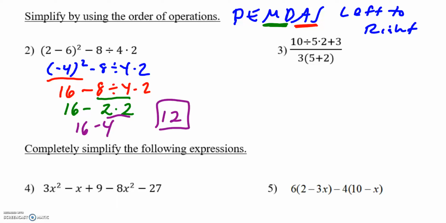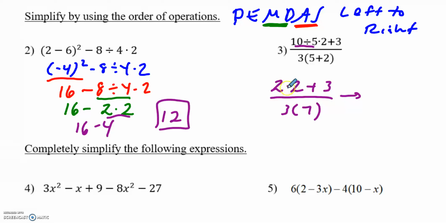Number 3, remember that a big division symbol is another grouping symbol. So we do the top and bottom separately and then simplify at the end. So in the numerator, we have division, multiplication, and addition. This division is going to come first. So we'd have 2 times 2 plus 3 on the top. And in the denominator, I'm going to simplify the parentheses to be 3 times 7.